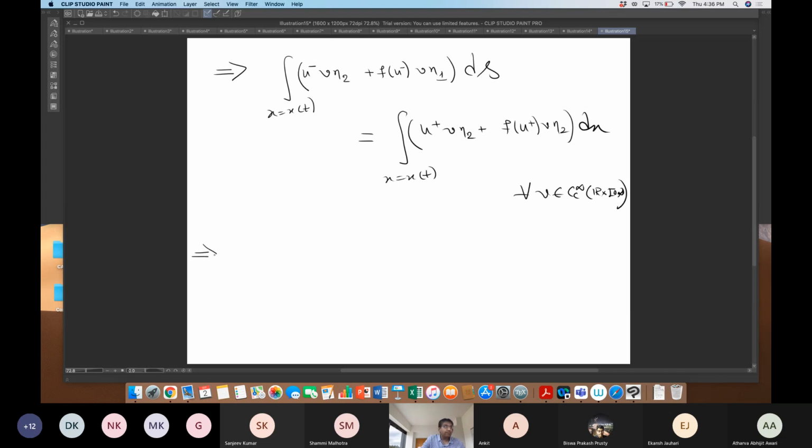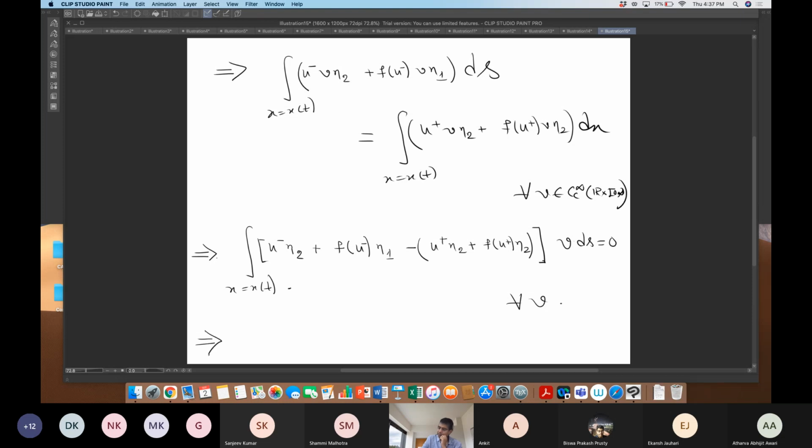So these imply x equal to x(t), u minus eta 2 minus... plus f of u minus eta 1 minus u plus eta 2 plus f of u plus eta 2, into v ds equal to 0 for every v.